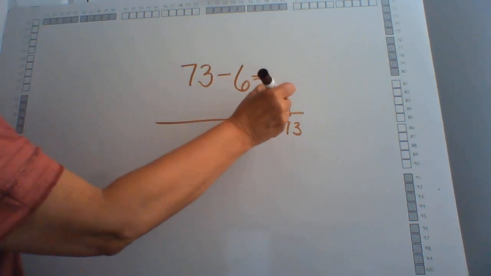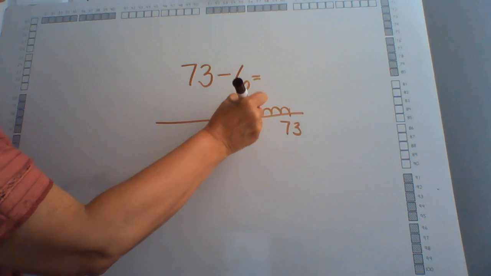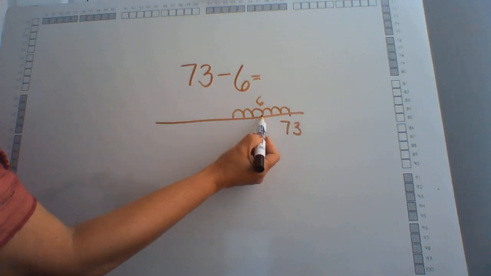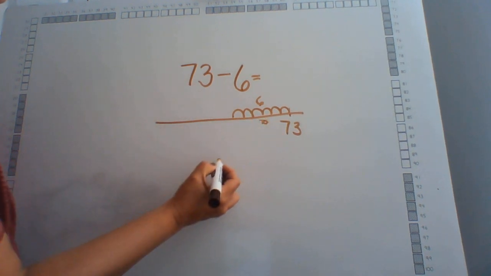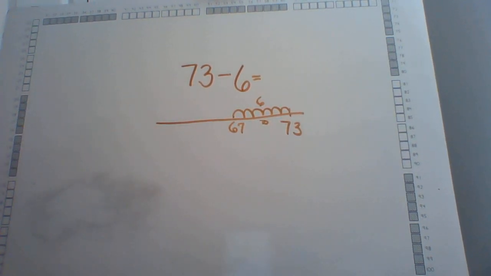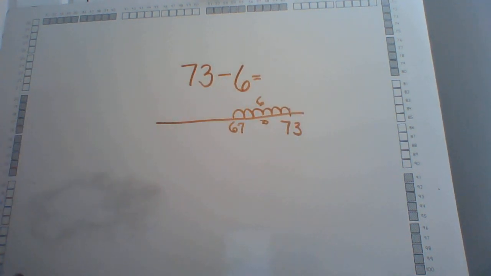And in my mind, I could think about it this way, going back 3 and then another 3, and it would be 6. If I went back 3, I'd get to 70, and then another 3 would take me to 67, or maybe you just thought about it in one big jump of 6. So in this situation, I went back on the open number line.